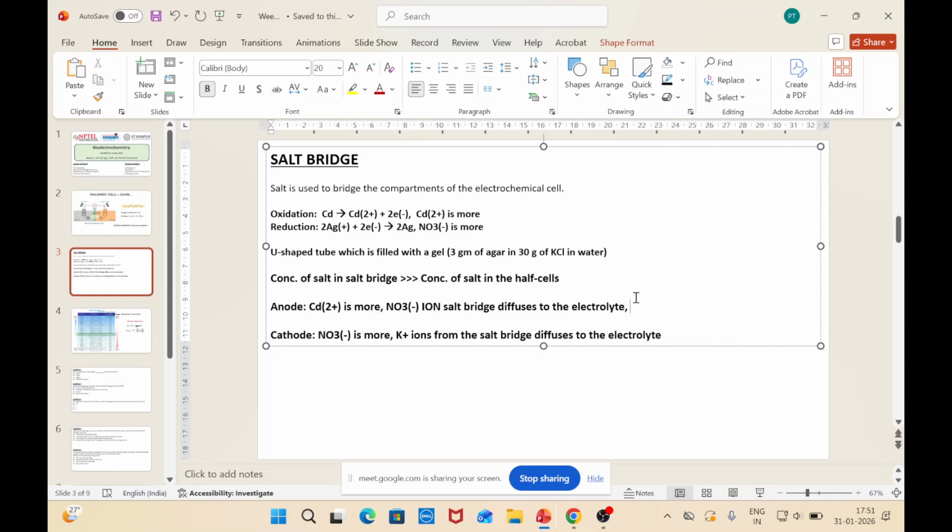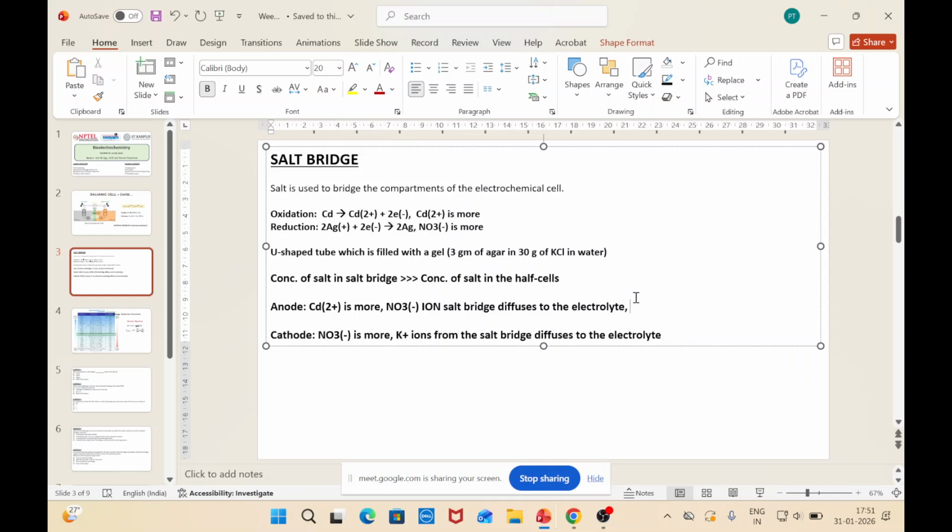The charge neutrality in each and every compartment of an electrochemical cell needs to be maintained, and overall, for the electrochemical cell, the charge neutrality must be maintained. For that particular purpose, we use the salt bridge, so that we can maintain this charge neutrality or electrical neutrality in the system.